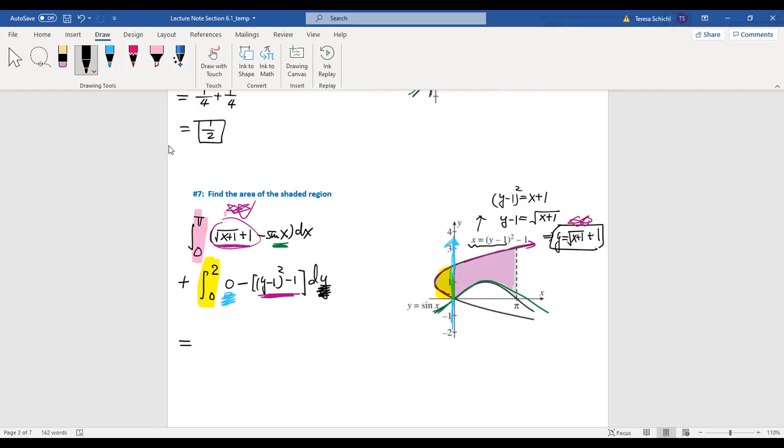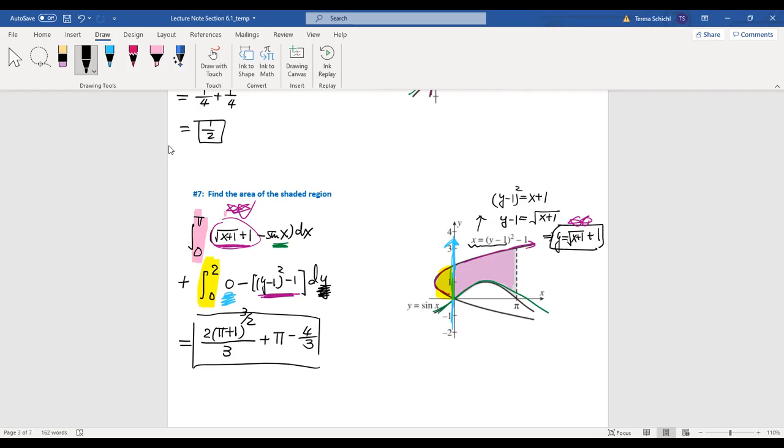My answer here is not too beautiful, but if you do the calculation, this will be 3 to the 2 pi plus 1 to the 3/2 plus pi minus 4/3. For this one you need to use the substitution rule, and this one you need to FOIL it, and then just do the integration.